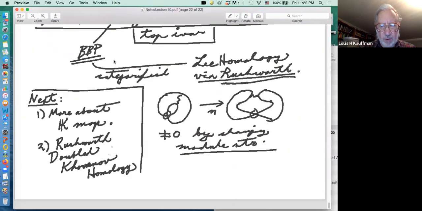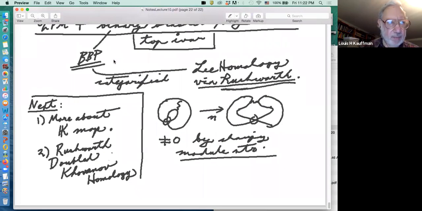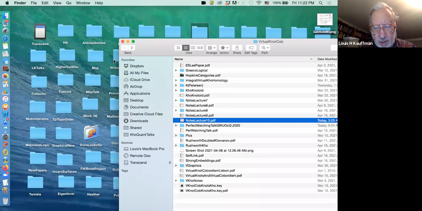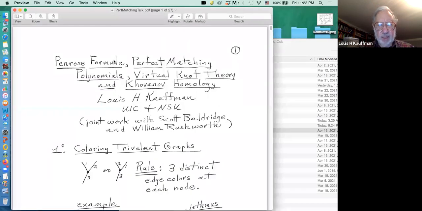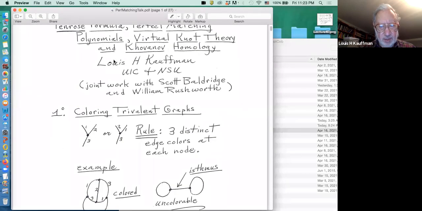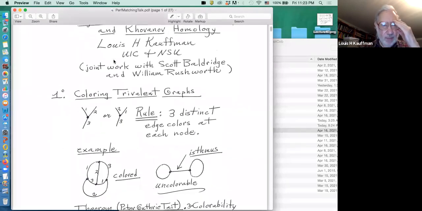So we've gone into this in much more detail. But now for a little more about this right now, let me show you some notes about this that you could look at, because I'll put these into the Dropbox.